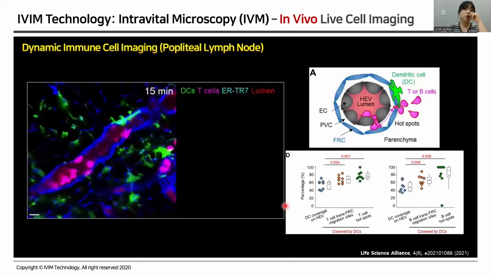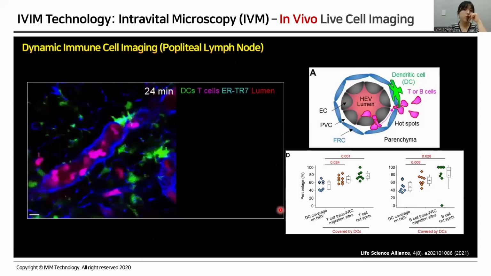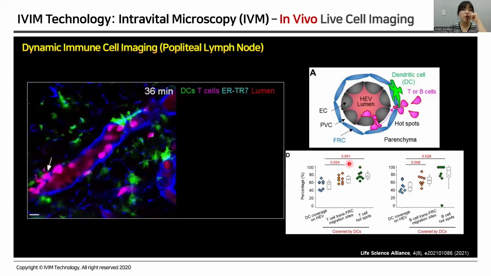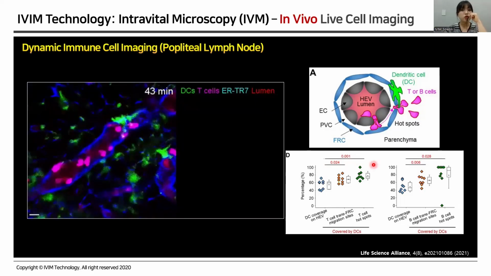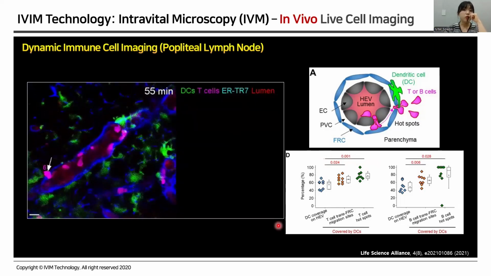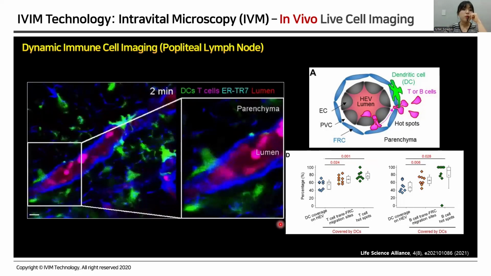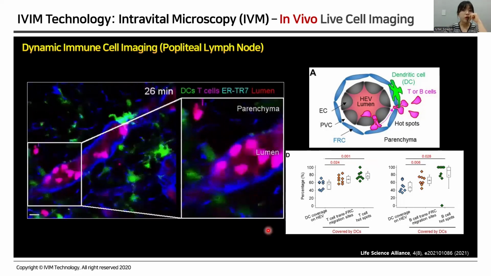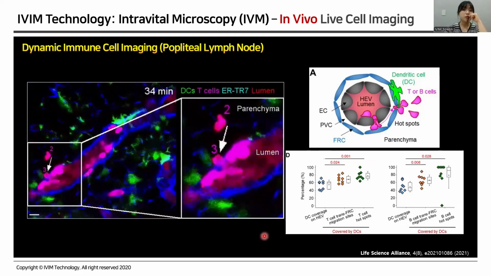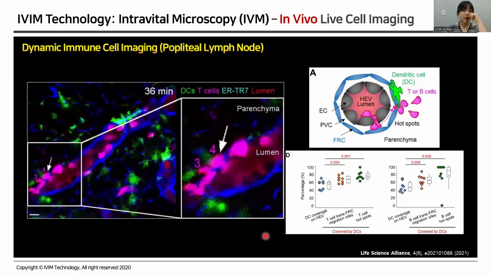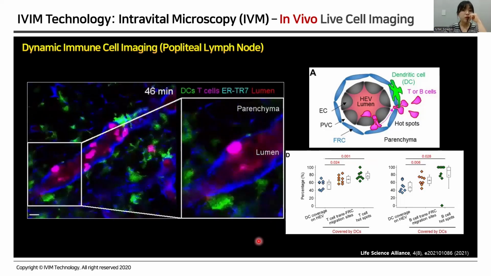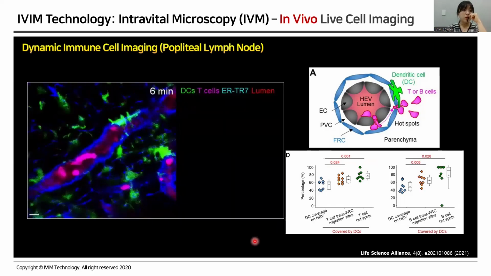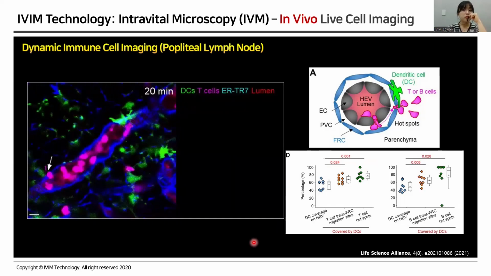Next, we wanted to explore the relationship between dendritic cell, also known as DC, coverage of HEVs and lymphocyte extravasation in the lymph node. To do this, we performed real-time multicellular intravital imaging in living mice, where we could simultaneously visualize HEVs, fibroblastic reticular cells, T lymphocytes, and dendritic cells.